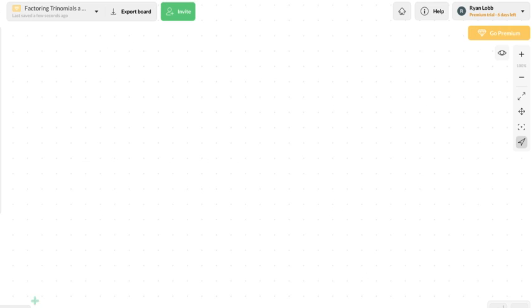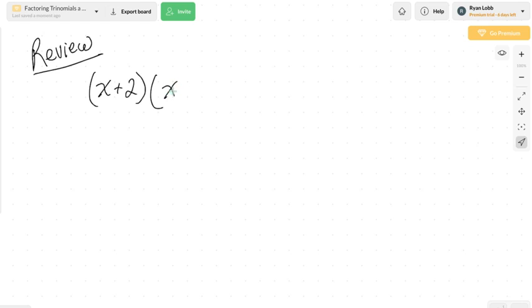Now, let's go back over here for a quick little review of multiplying first. So if we had x plus 2 times x plus 3, we're going to multiply that together, a binomial times a binomial. All we're going to do is distribute multiple times. So we get x times x, which equals x squared. Then x times positive 3 would be plus 3x.